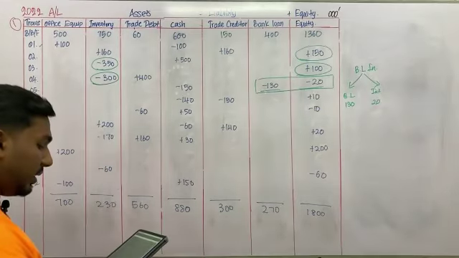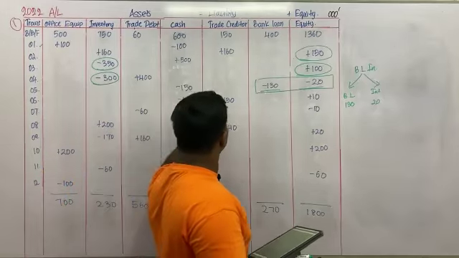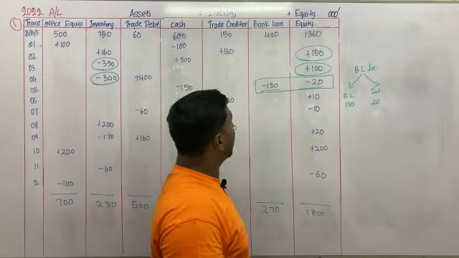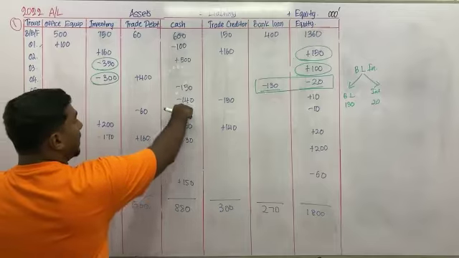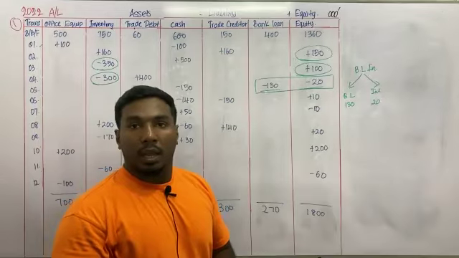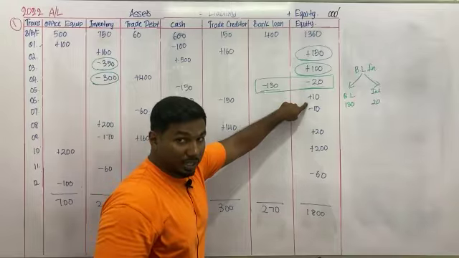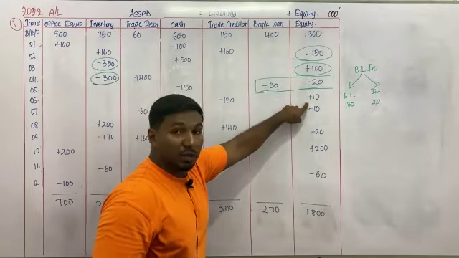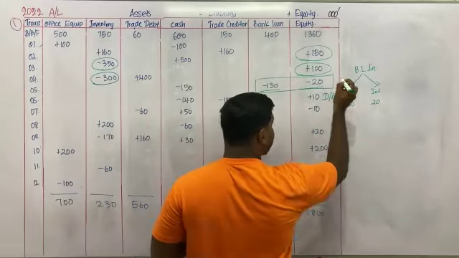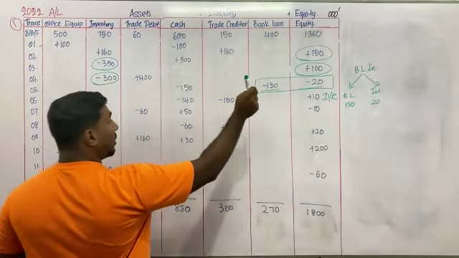Transaction number 6. Minus 140 in the cash, minus in the trade creditors, and plus in the equity. So cash is decreasing, trade creditors decreasing, which means this is discounts received.